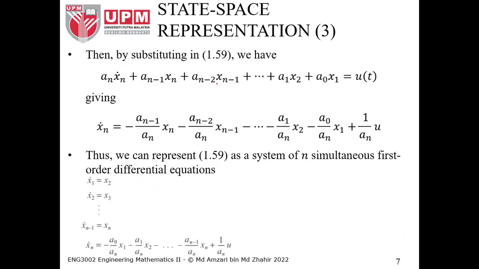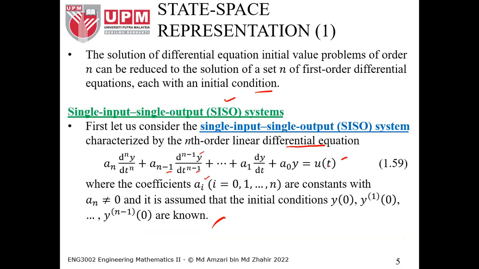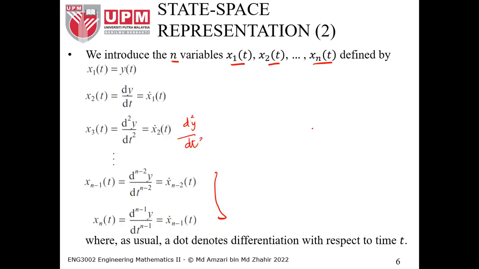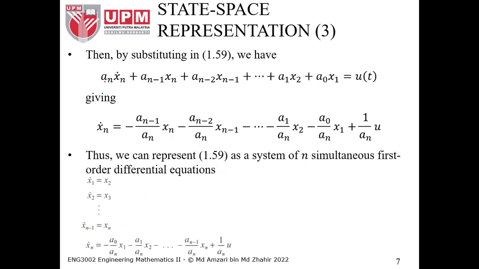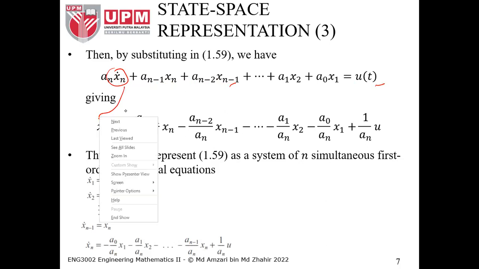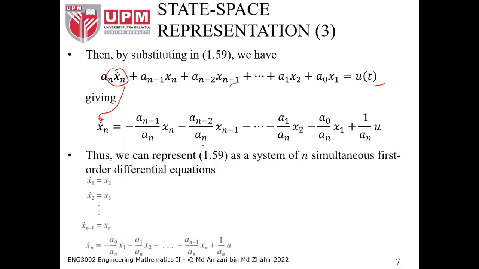If we substitute into equation 1.5, we have a_n x dot n plus a_(n-1) x_n plus a_(n-2) x_(n-1) and the rest equals u. When we put x dot n on the left side, we get x dot n equals negative a_(n-1) divided by a_n times x_n minus a_(n-2) divided by a_n times x_(n-1), and the rest.